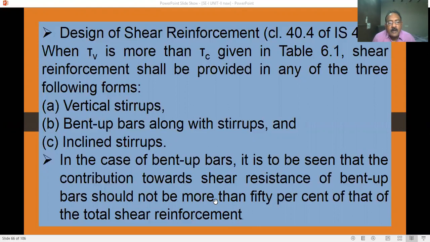Where bent-up bars are provided, their contribution towards shear resistance shall not be more than half of the total shear reinforcement. Shear reinforcement shall be provided to carry shear equal to Vu, that is the total shear force acting on the beam, minus tau c bd, which is the shear taken by the beam. So we have to provide this reinforcement.